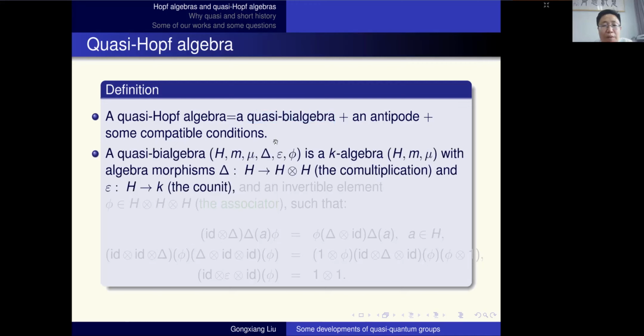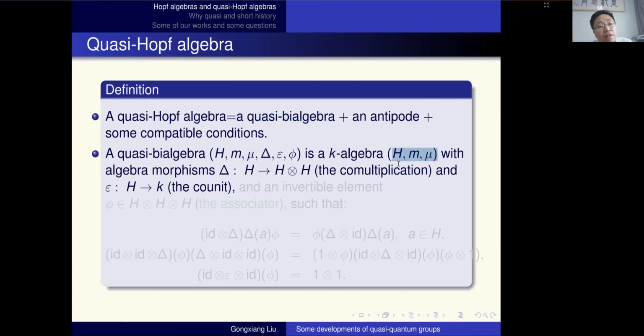A quasi-bialgebra is similar to the bialgebra, but more complicated. It becomes a sextuple, where H, mu, M, and mu is an algebra.